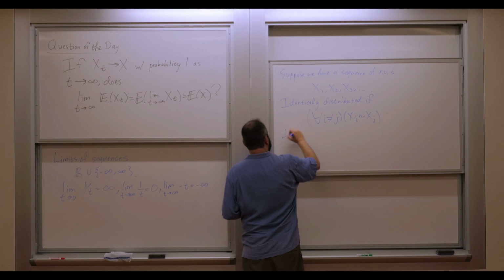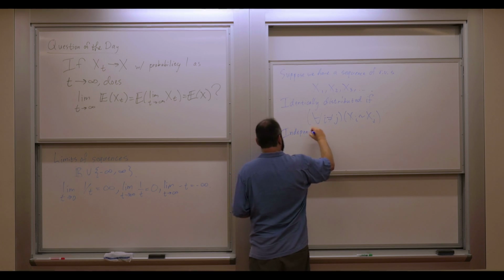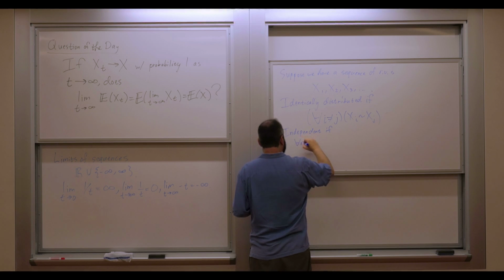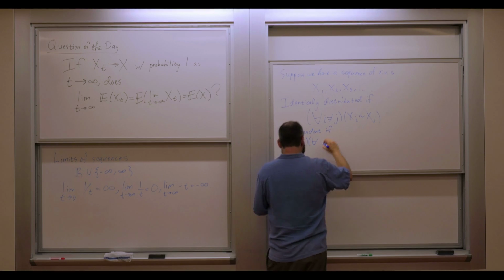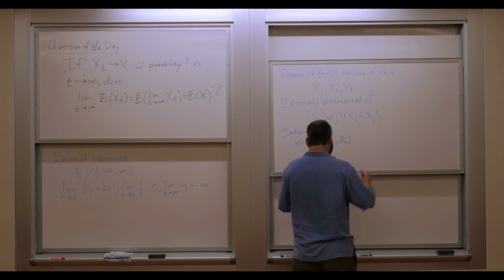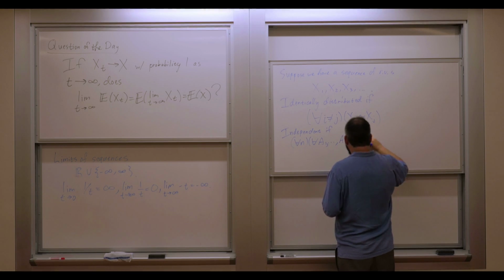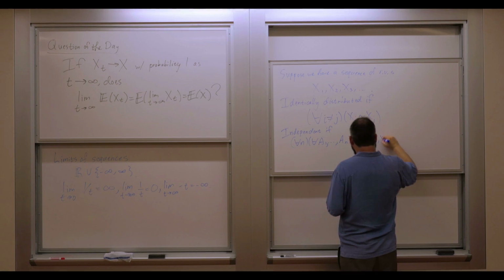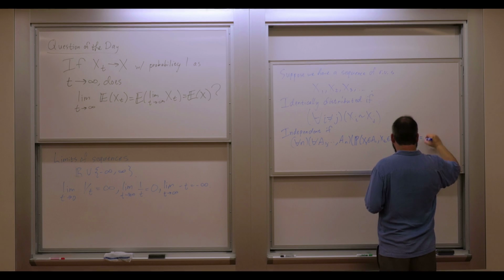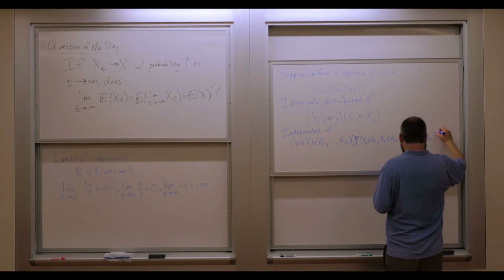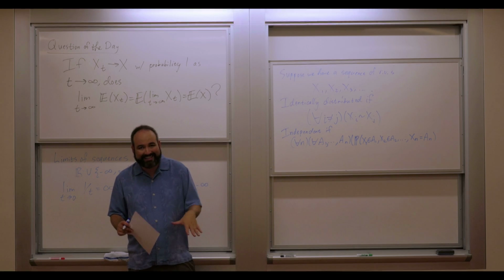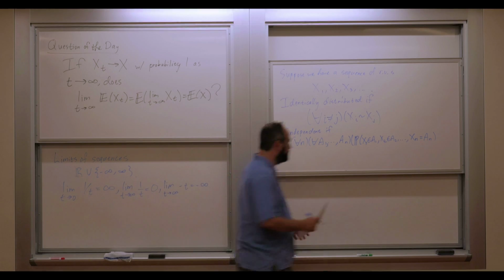Now we call the sequence independent if, for all n, and for all measurable sets a1 up through an, if I look at the probability that the first variable falls in a1 and the second variable falls in a2, and so on up to the probability that x sub n falls in a sub n, then the probability that all of those events happen simultaneously is equal to the product of the probabilities.